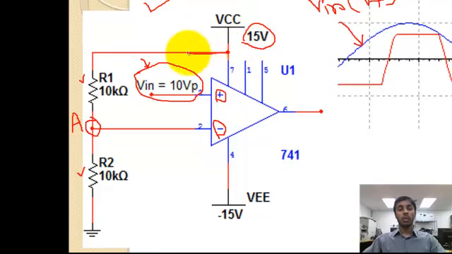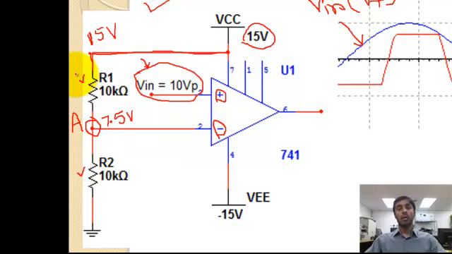That 15 volts is applied to a voltage divider network with equal values of resistances. So the voltage is divided exactly into half, because we have only two equal resistances.